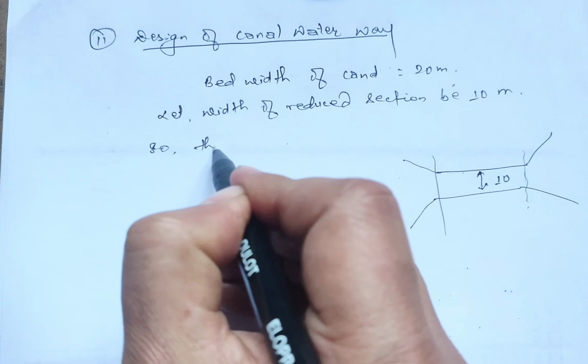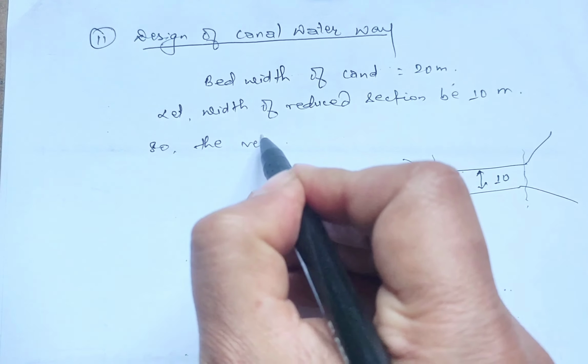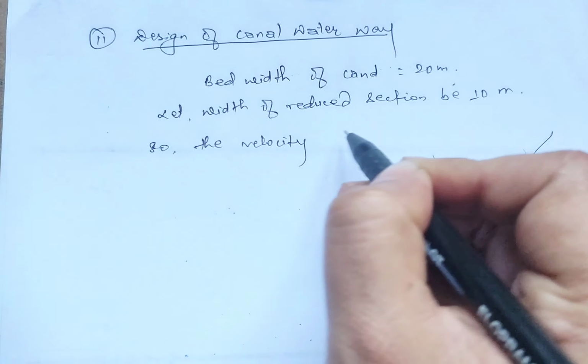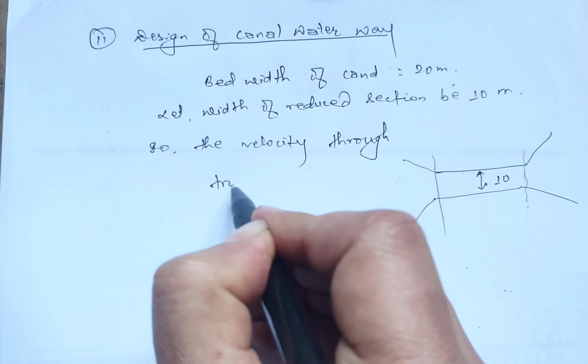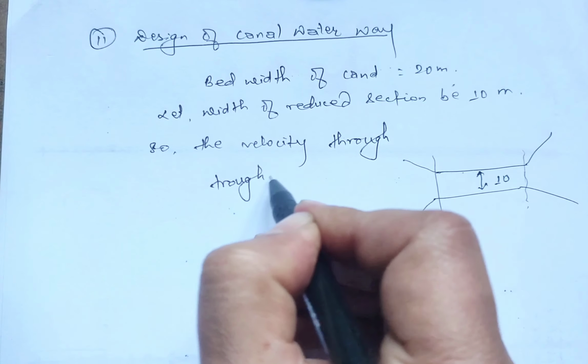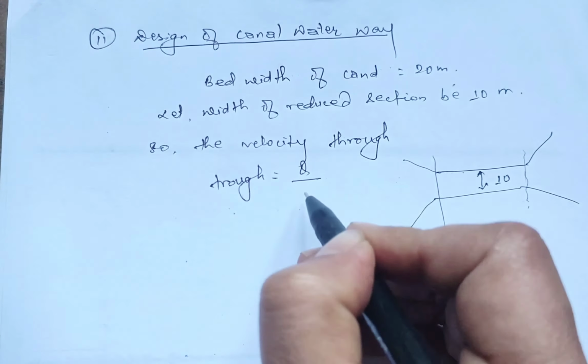So the velocity through the flume will be discharge by area.